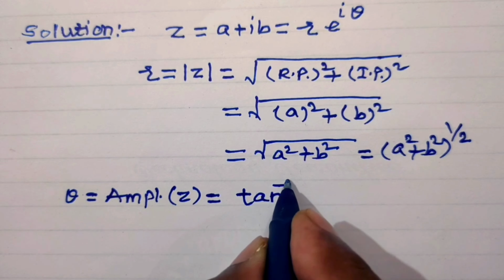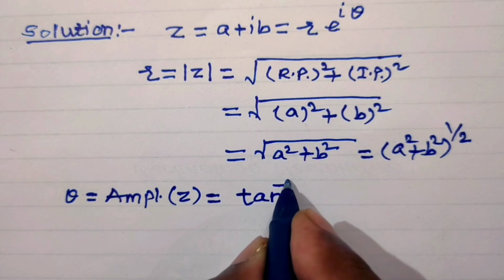Now substitute theta and r here. Hence complex number z can be written as z is equal to (a square plus b square) to the power half times e to the power i tan inverse b upon a. This is the exponential form of complex number z.